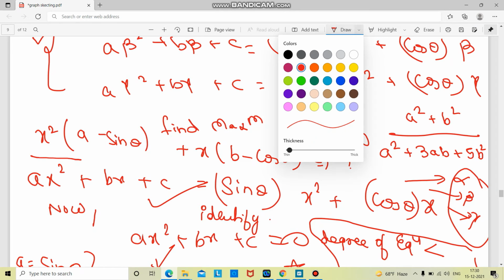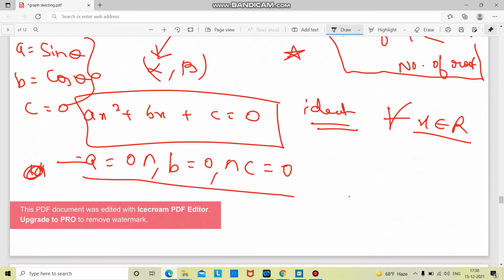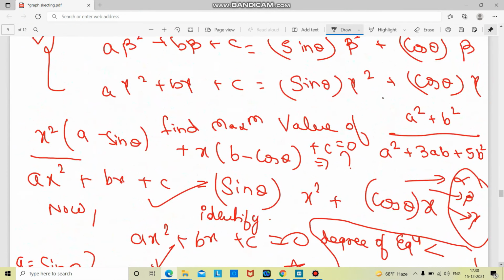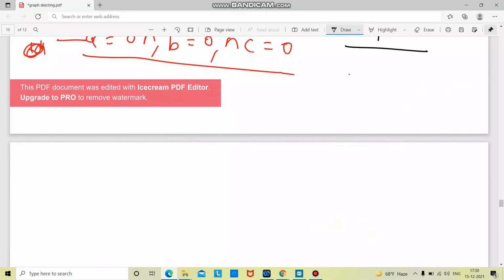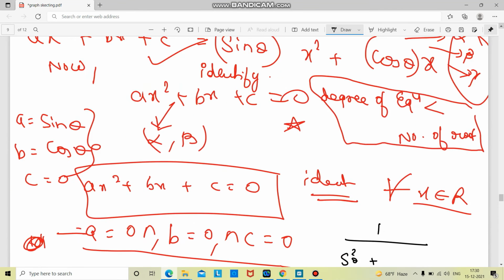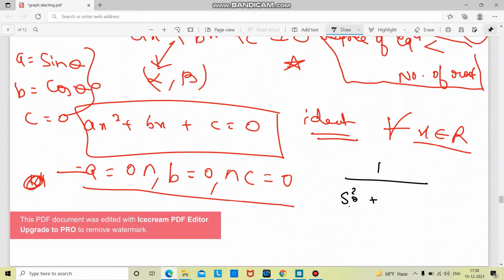So we have to find the maximum value of this function. As a is sine theta and b is cos theta, the upper part is sine theta plus sine square theta plus cos square theta, which is 1, and the lower part we can write as sine square theta plus 5 cos square theta plus 3 into sine theta cos theta.